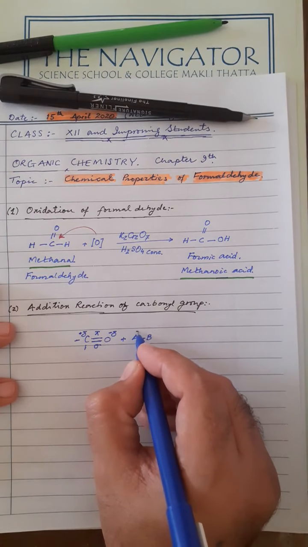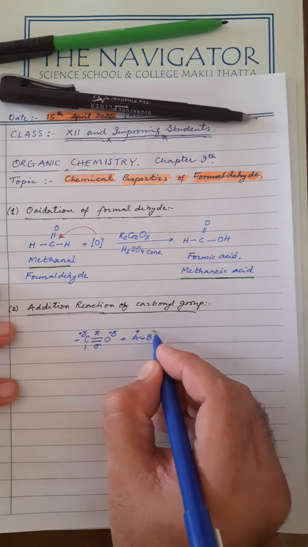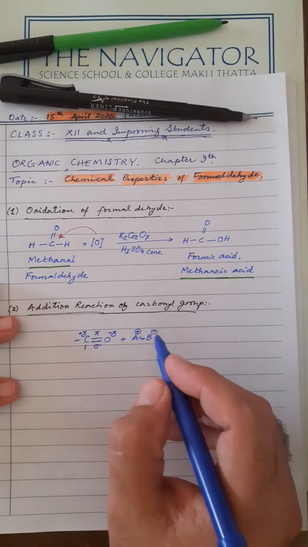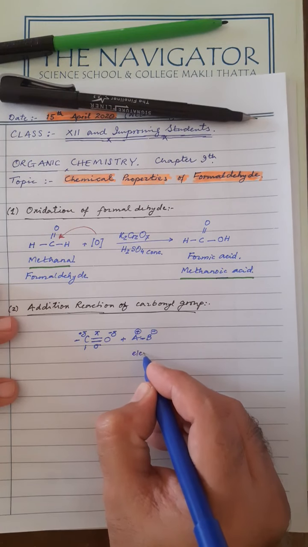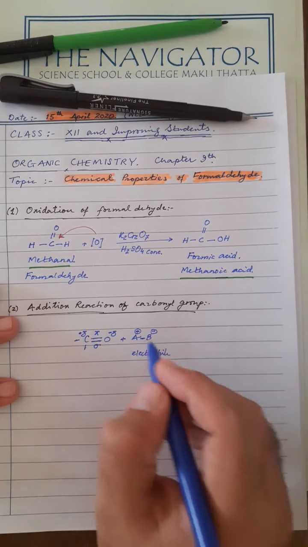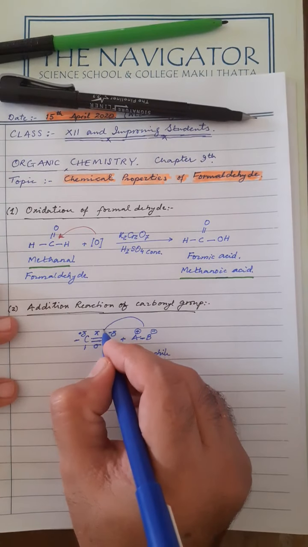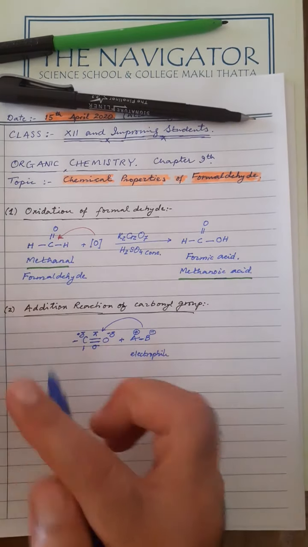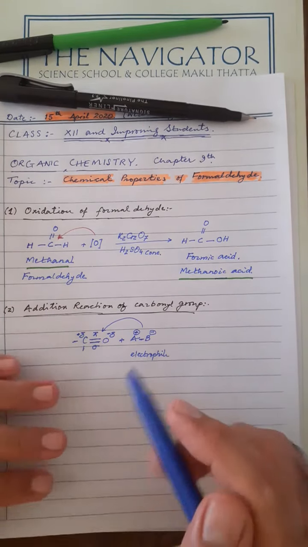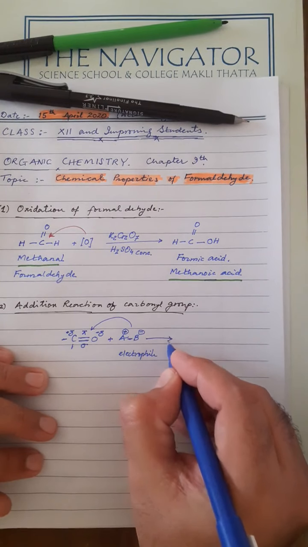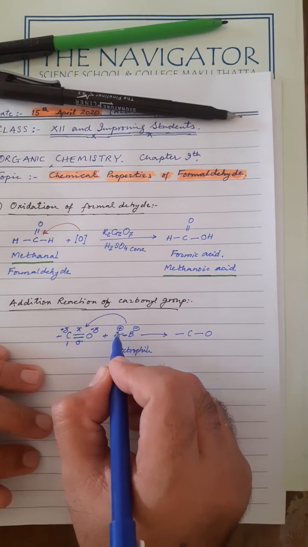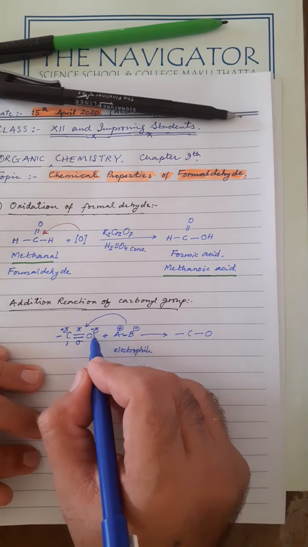So if there's any electrophilic species available, let's say plus and minus, what's going to happen? What's an electrophile? Electron seeking. If you guys know, they will attack on this pi bond, thereby the pi bond will break into two new sigma bonds, and you can see carbon single bond oxygen, and the positive A will reach the negative oxygen.